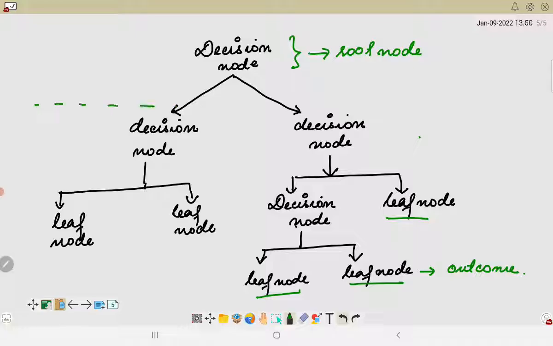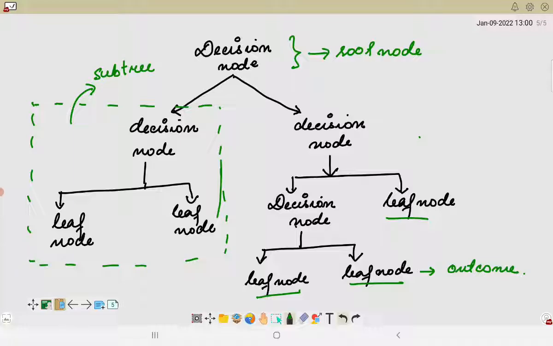If we are considering this entire block or this entire branch, this is basically a subtree, and this subtree is generated based on the decision, whether it is yes or no. Now these branches are nothing but certain rules based on which we will be taking certain decisions.